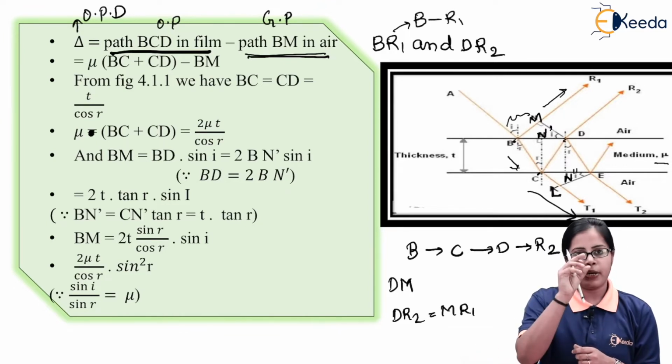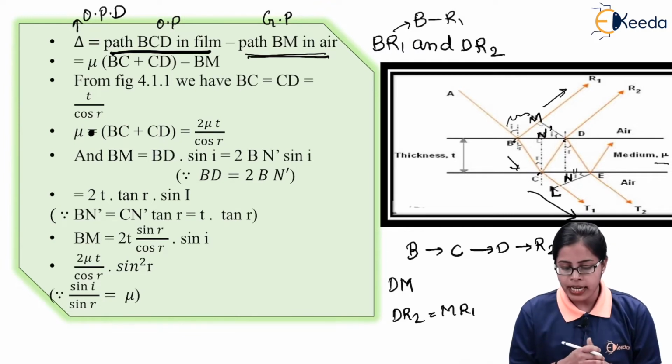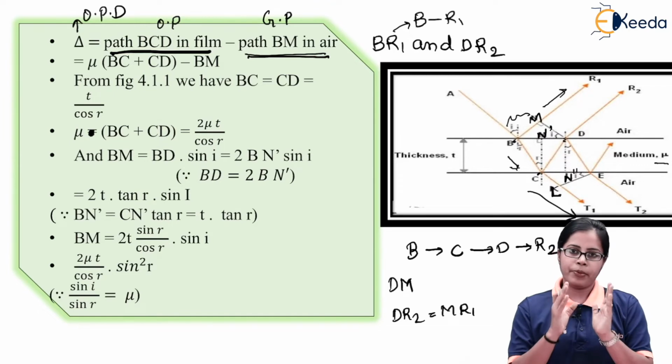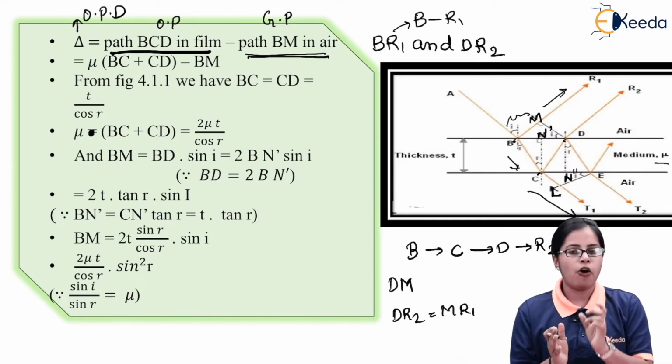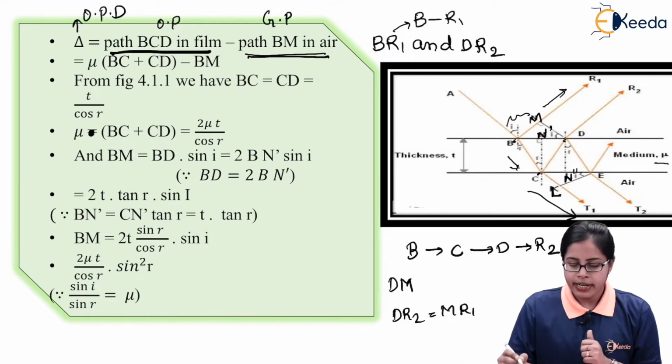Now, if you want to calculate the optical path of BCD in the thin film, the formula is optical path equals mu times geometrical path, where mu is the refractive index.